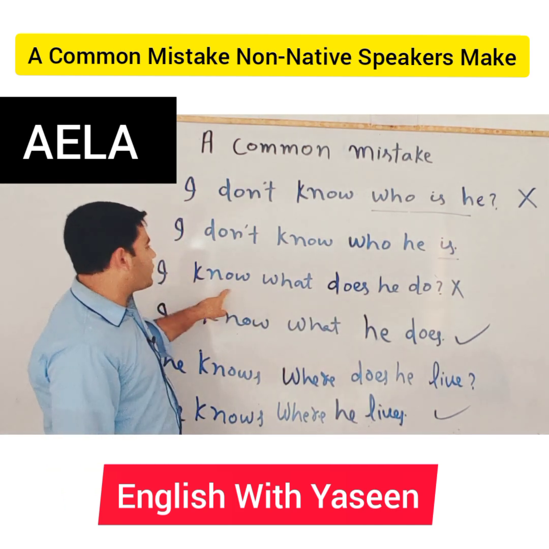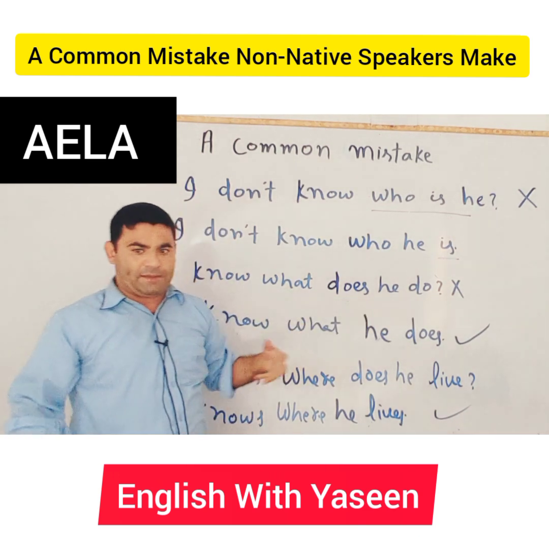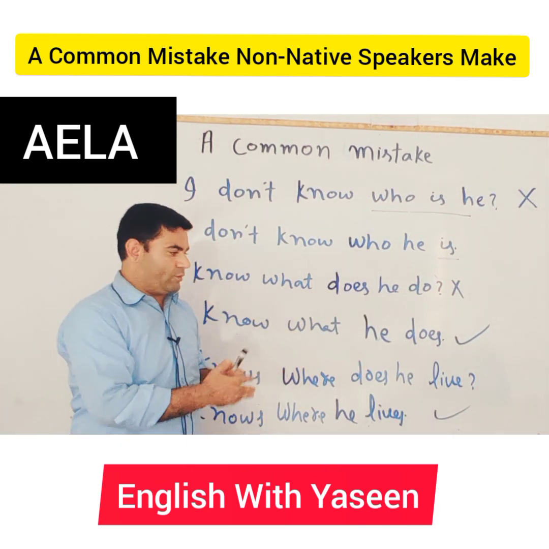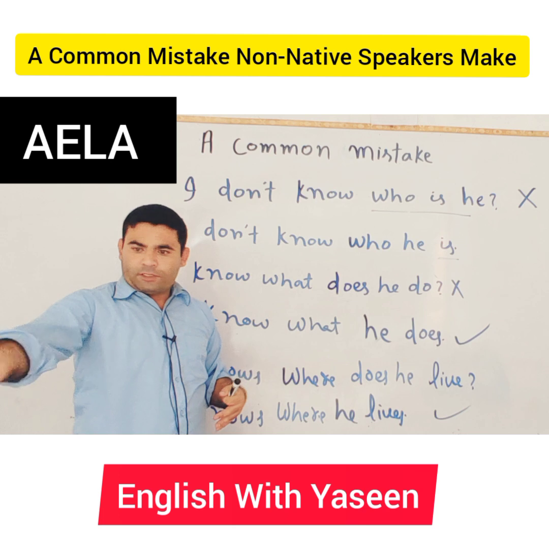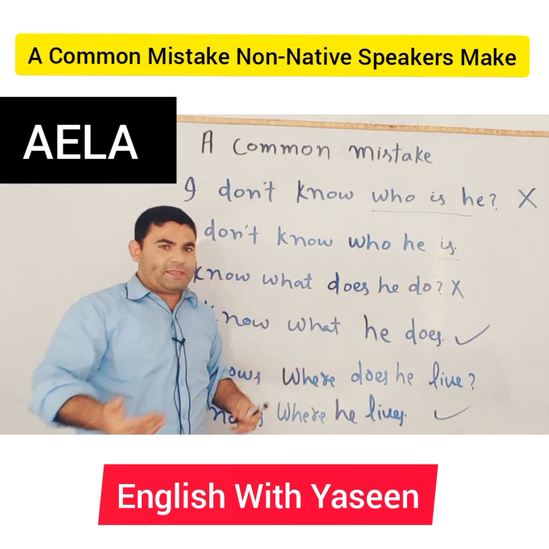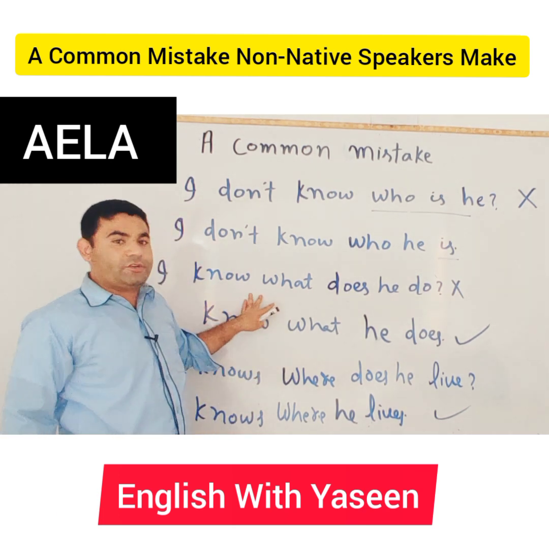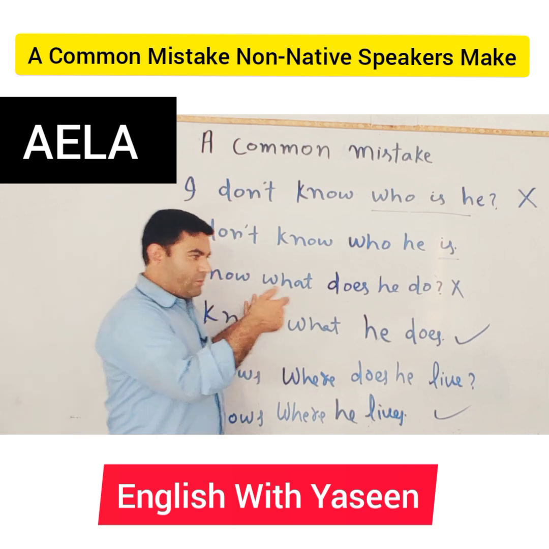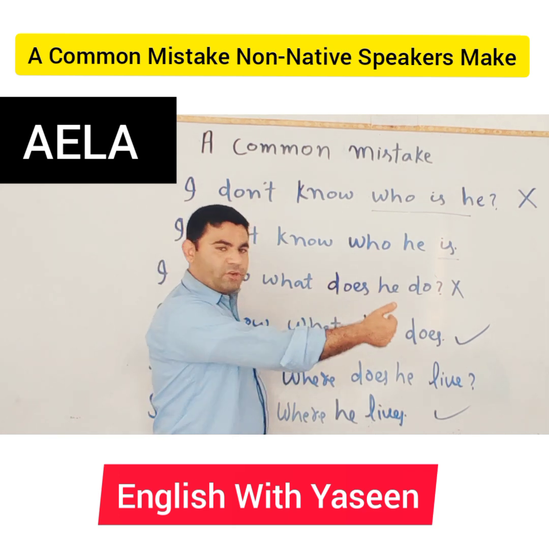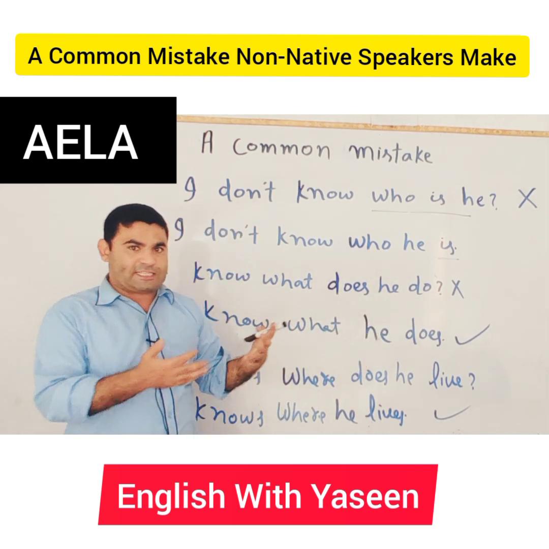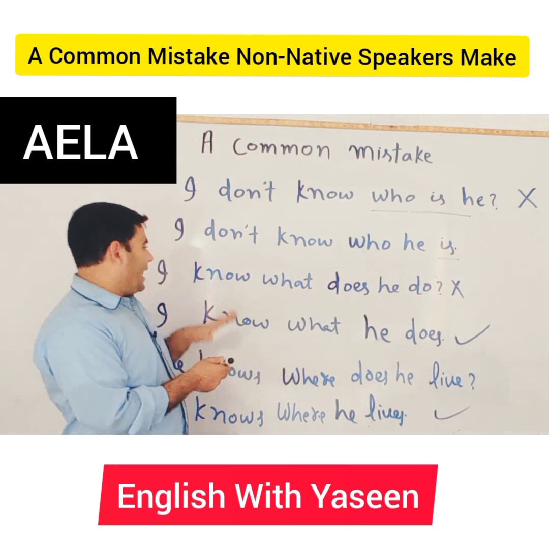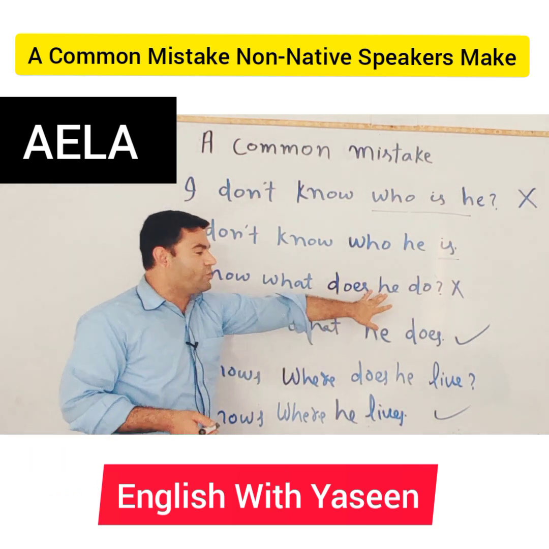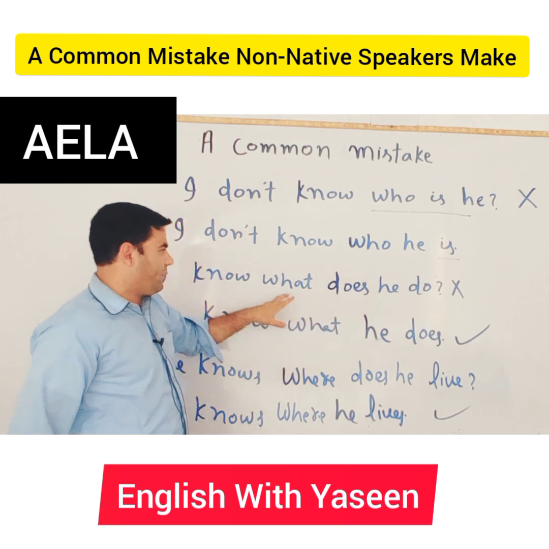So if you say I don't know what does he do, again the same example, I ask someone what does he do, he or she will not tell me I don't know what does he do, because then he or she is asking me the same question. That's a wrong thing.